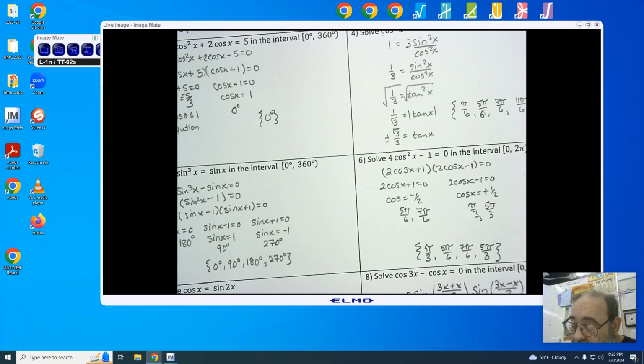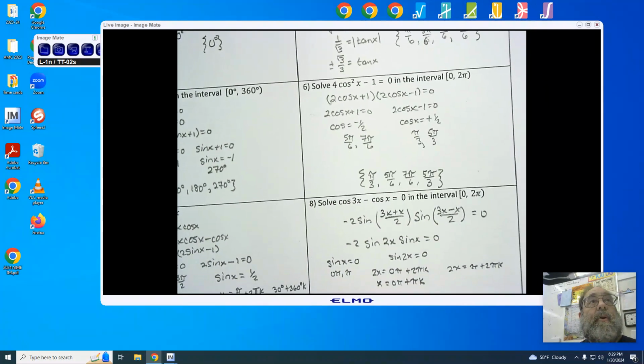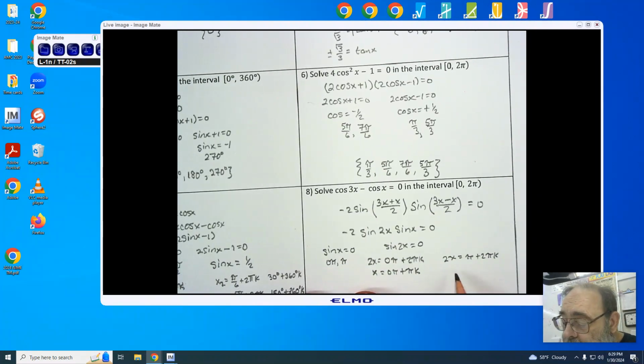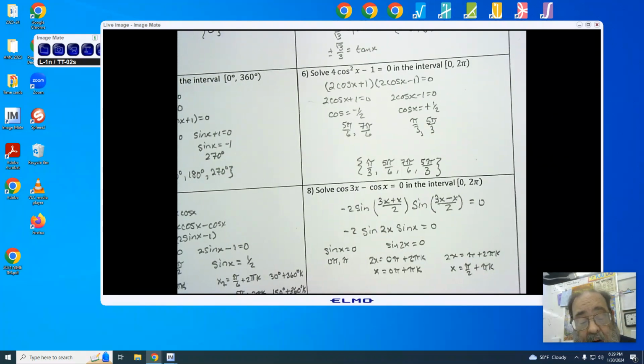Doing this again with the second possibility of pi, I have 2x is equal to pi plus 2 pi k. Make sure you can see that. I'm going to divide both sides by 2, and x is now pi over 2 plus pi k. I now have all of my solutions that I could hope for.